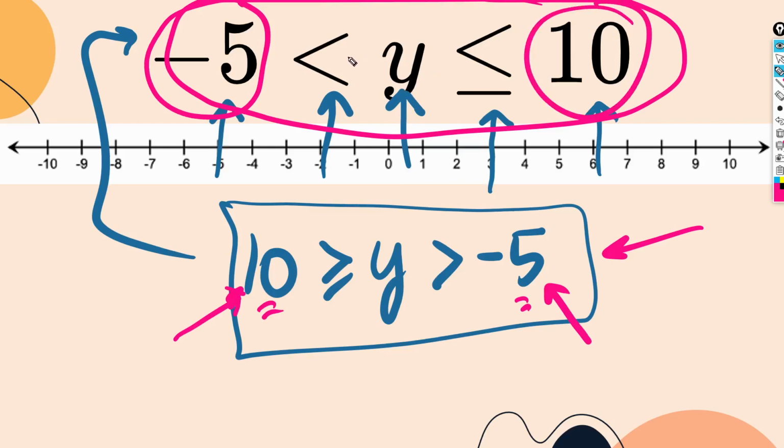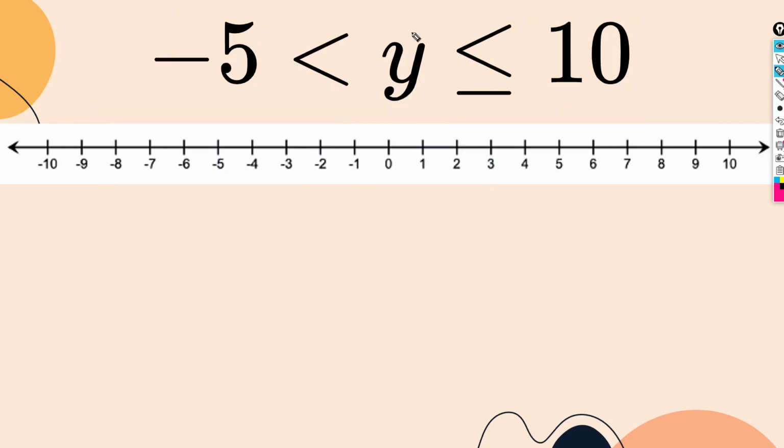Kaya kung mapapansin niyo, for these kinds of compound statements, the inequality symbols are always sort of pointing to the left. No, kasi minimimic lang natin yung behavior ng real numbers on the number line. Okay? So again, this is read as y is greater than -5 and less than or equal to 10.